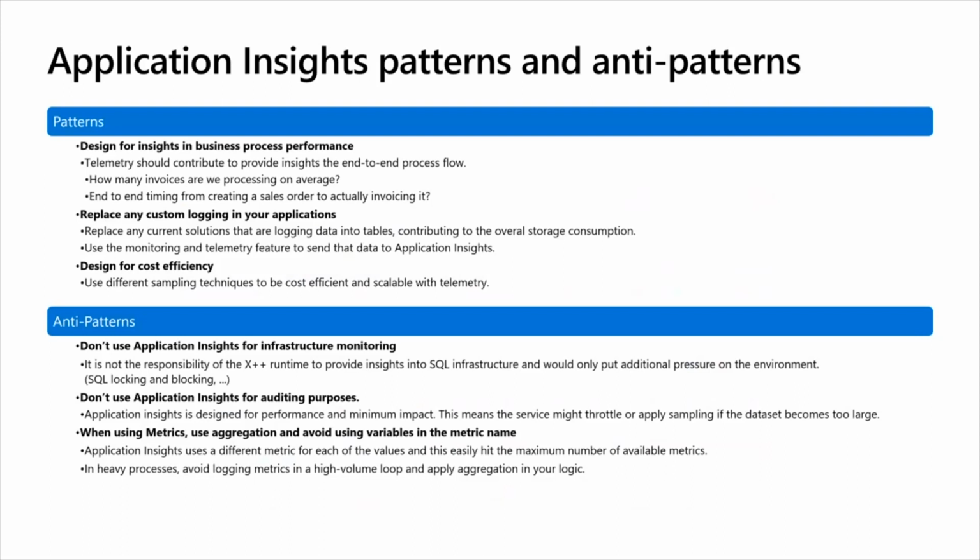And through navigating different parts of the telemetry, you might find useful insights into your processes, and that might eventually lead to redesigning some of the processes that we're using today because we are not hitting the throughput that we would like as we are growing. So always design to get process insights.